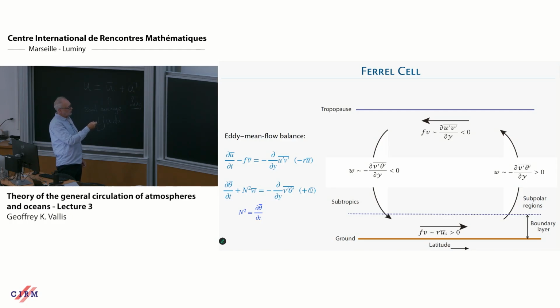But you can see that if you go back to this equation here, and if you're in the upper atmosphere, this friction is small, this eddy convergence term would also produce a positive acceleration, and that acceleration is accelerating the wind to the east.